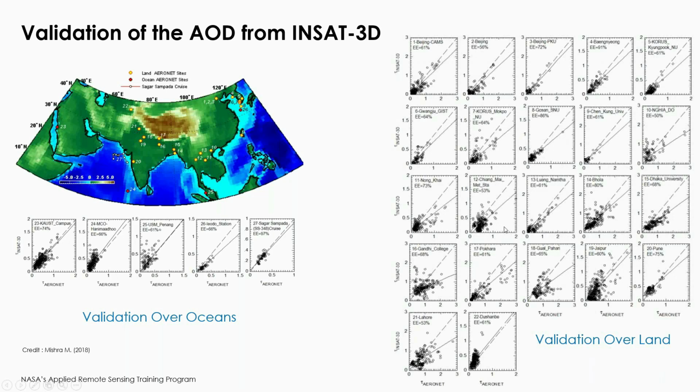So overall, a very good comparison is seen over land as well as oceans, and we could estimate that over land the retrieved aerosol accuracy is less than 35%, and over oceans is less than 30%. So considering that the single channel broadband algorithm is working, this type of results are quite significant.